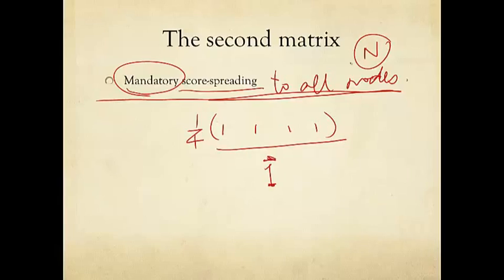Since by convention of this research field, I have to flip it over, so this is a row vector. Okay? So it's 1 over n, that's 1/4 here, times a row vector of all the ones. Okay, that's what we want to use, but only for the dangling nodes.